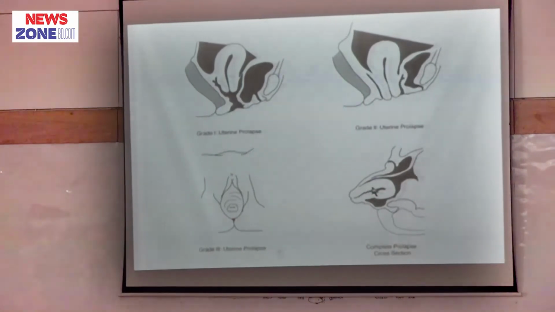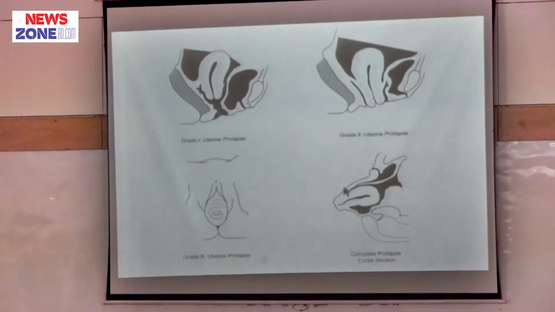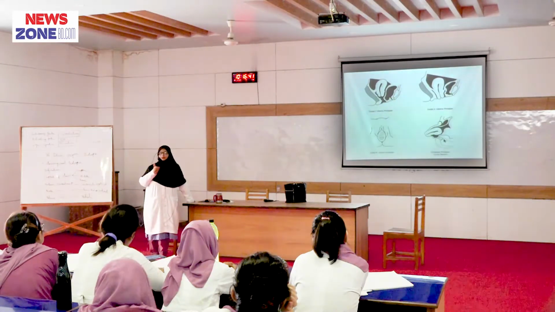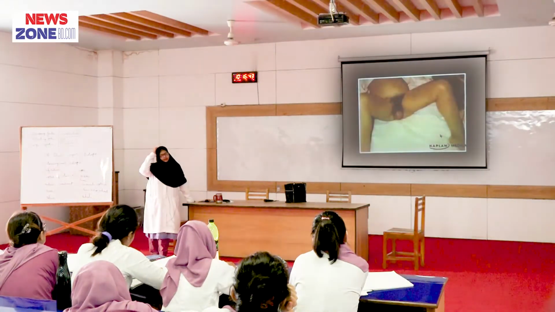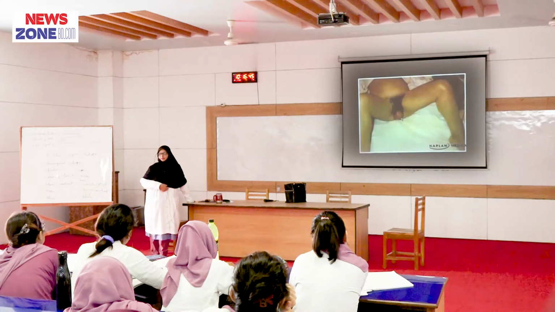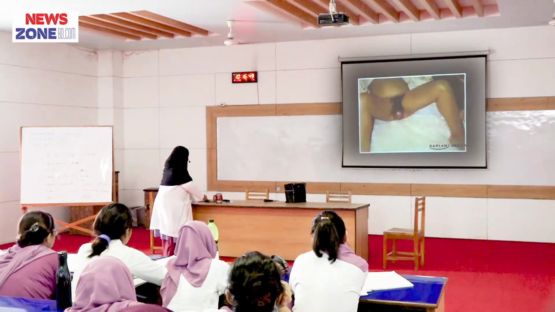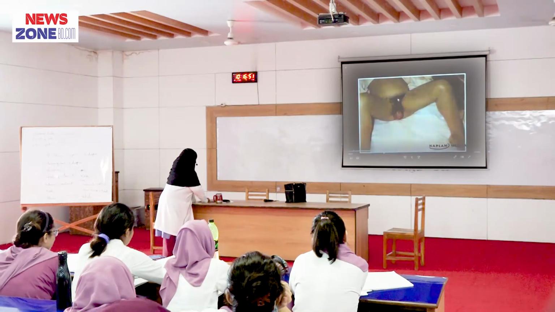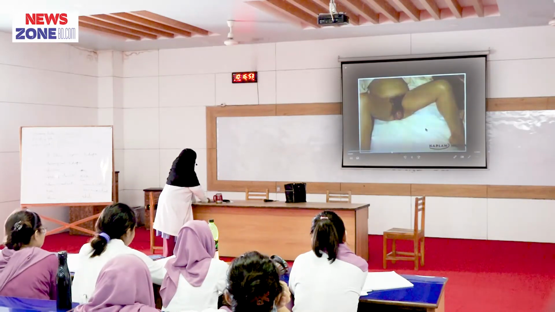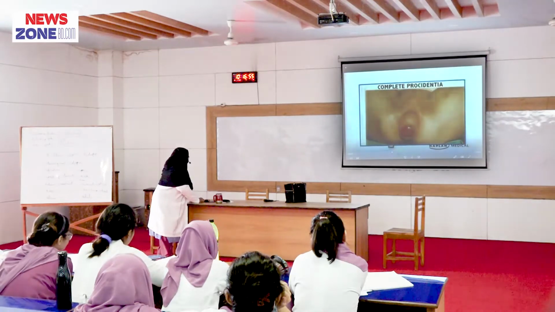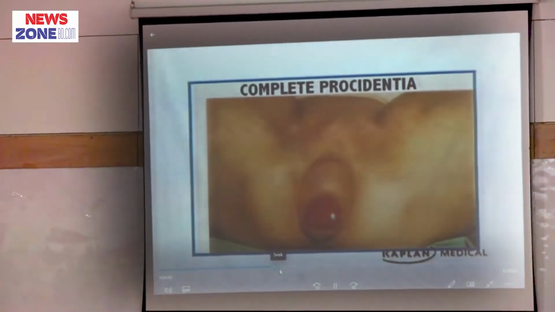If outside the vaginal introitus, then it is third degree. Most common is second degree uterine prolapse, most of the time extended second degree uterine prolapse. You saw this one. And most of the time it is associated with ulcer.